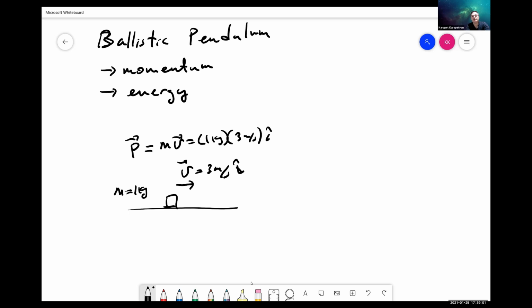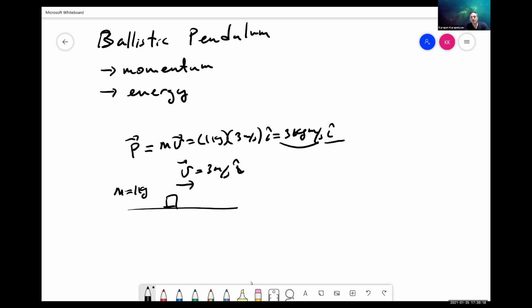So that's 3 kilogram meters per second I hat. That means here's the momentum magnitude, and this is the direction. That means the momentum always has the same direction as the velocity at that instant.